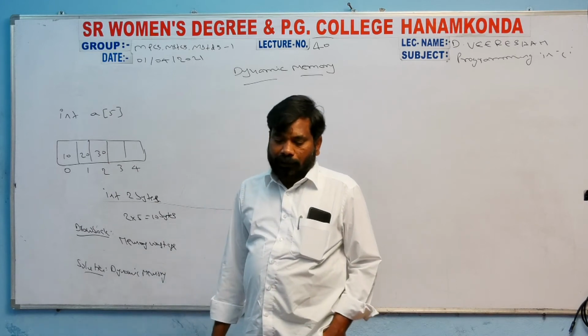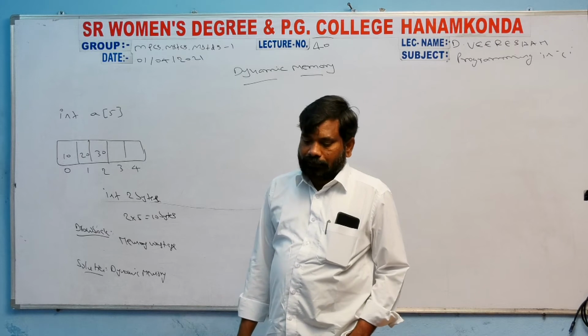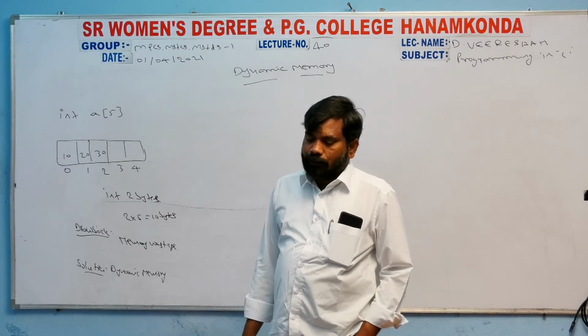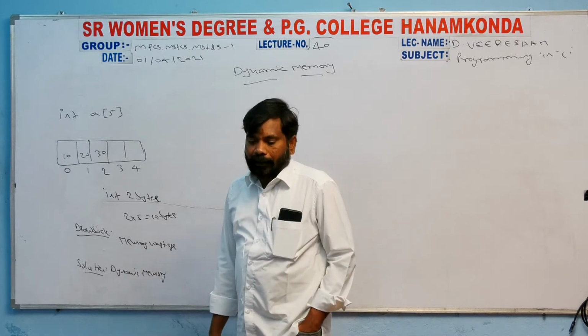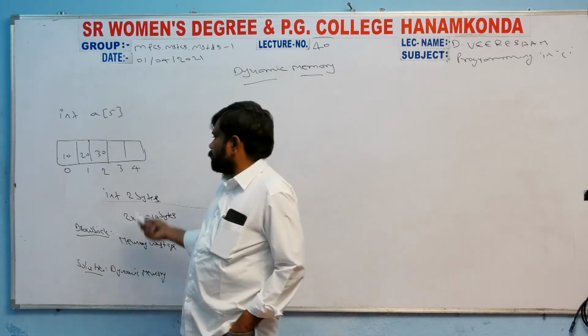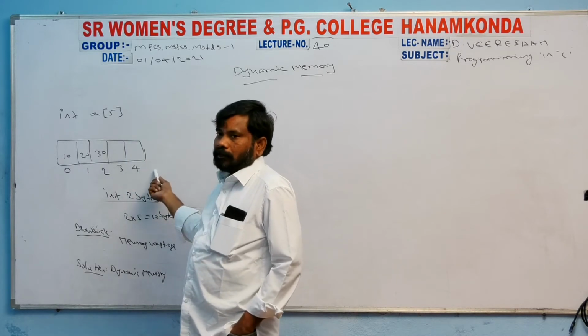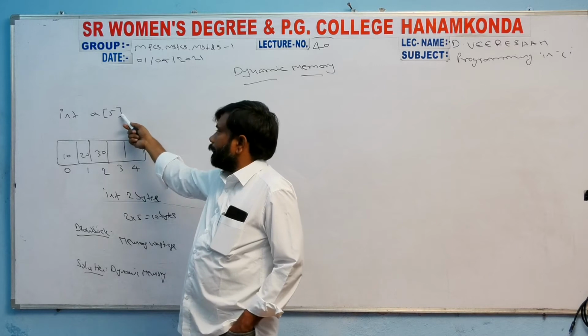We may utilize all this memory or may not. If you want to store 30 numbers in the above array, which is beyond the size of the array, that is array overflow. Suppose I like to store 10 values or 15 values, it will overflow, because it is allocated with 5 only.